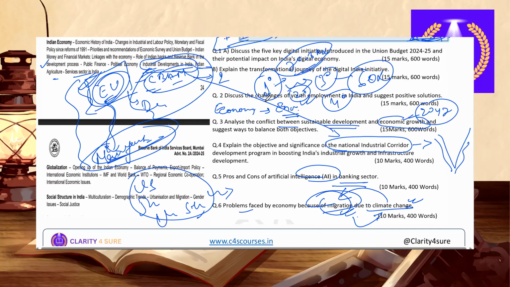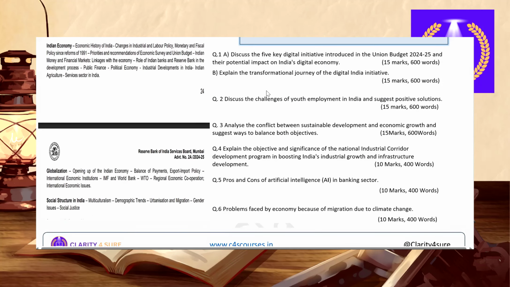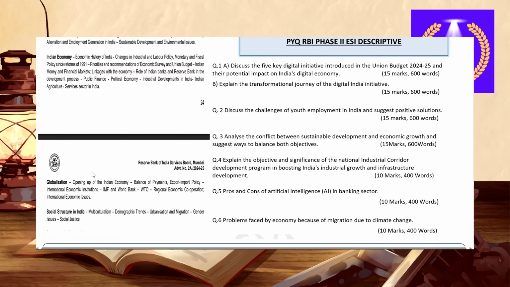You have to interlink your newspapers, your financial daily things, with your syllabus. All right, see here, they have given IMF, World Bank, and the syllabus is talking about the WTO, World Trade Organization. Now the relevance of WTO is reducing.